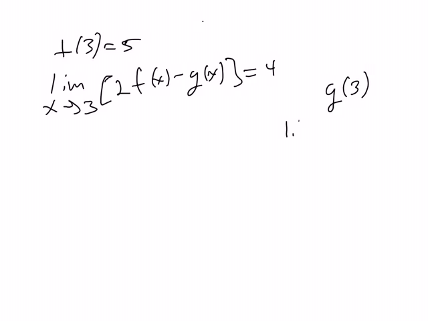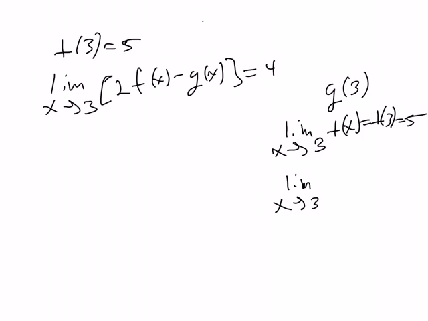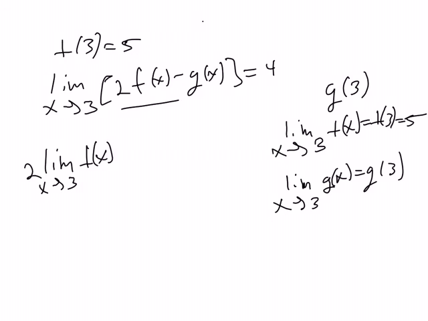We know that the limit as x goes to 3 of f of x is equal to f of 3, which is 5, and we also know that the limit as x goes to 3 of g of x is equal to g of 3. By the limit rules, this can be written as 2 times the limit as x goes to 3 of f of x minus the limit as x goes to 3 of g of x.